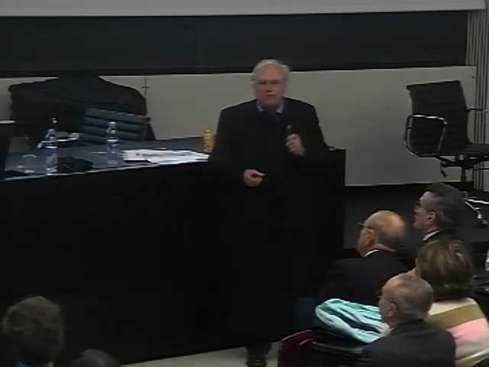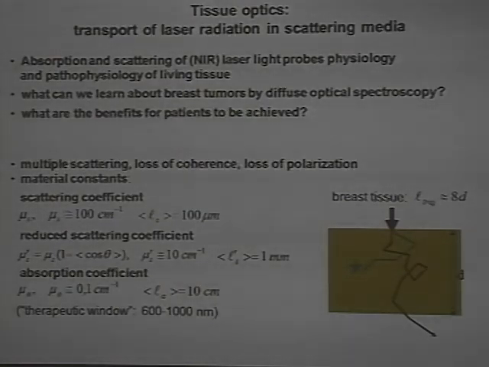And in this talk, you will hear a lot of pathology, physiology. In recent years, there have been several clinical trials on optical mammography, so there is a lot known on the optical properties of breast tissue, female breast tissue, and on breast tumors.